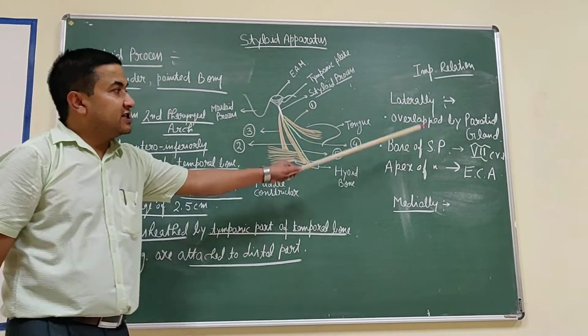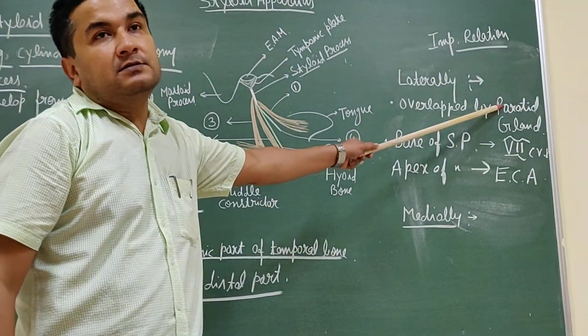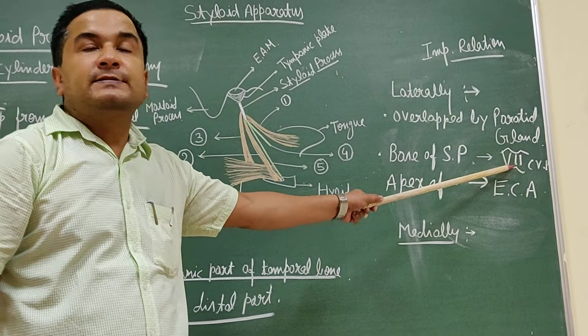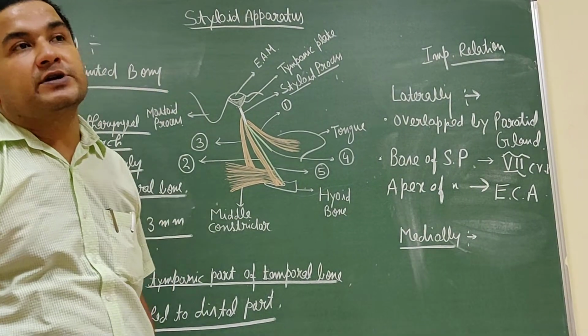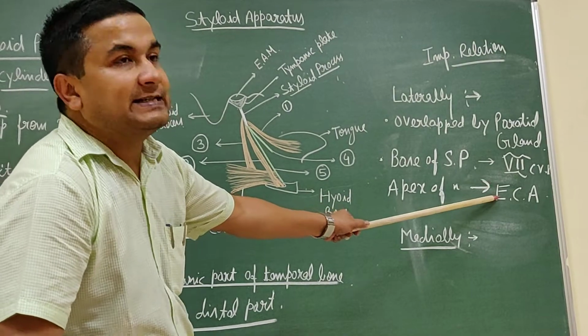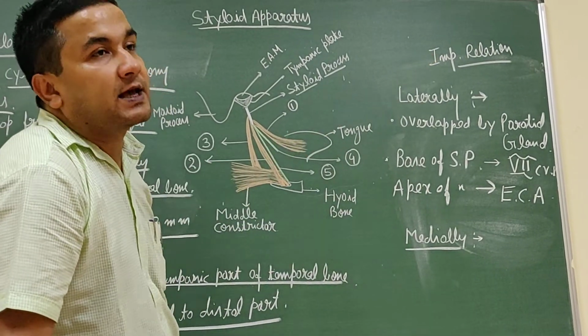So laterally, it is the parotid gland, and the facial nerve is related to its base, while the external carotid artery crosses its apex on the lateral side.